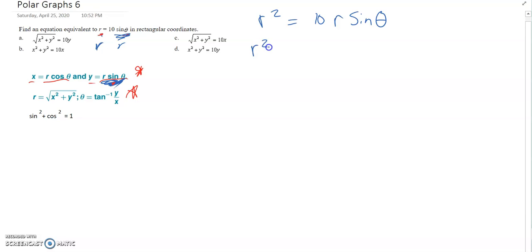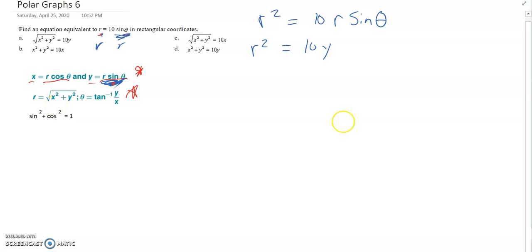So r squared equals 10y. We can replace r sine theta with y. From here, I need something to replace an r squared. While this has an r by itself, and you're like, oh, I'll just plug that in, the other side will very easily cancel out when we square the square root.